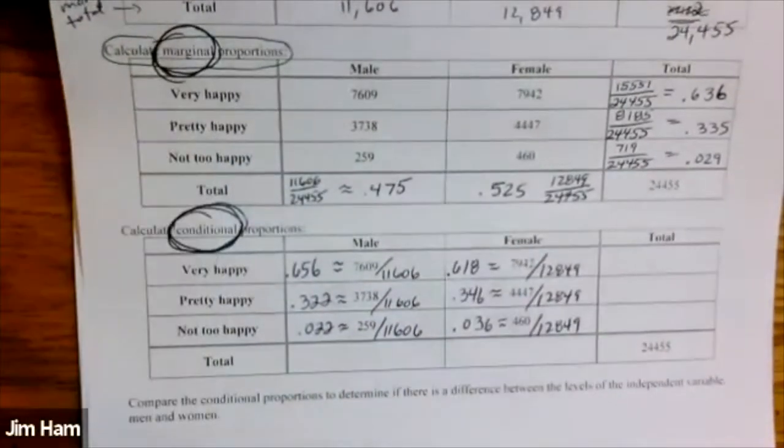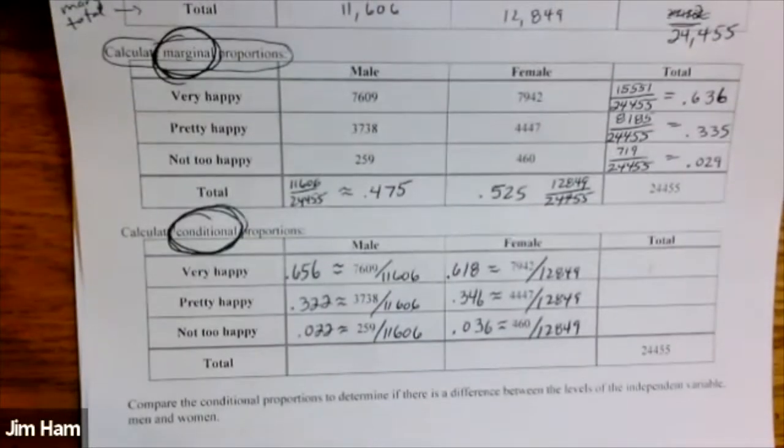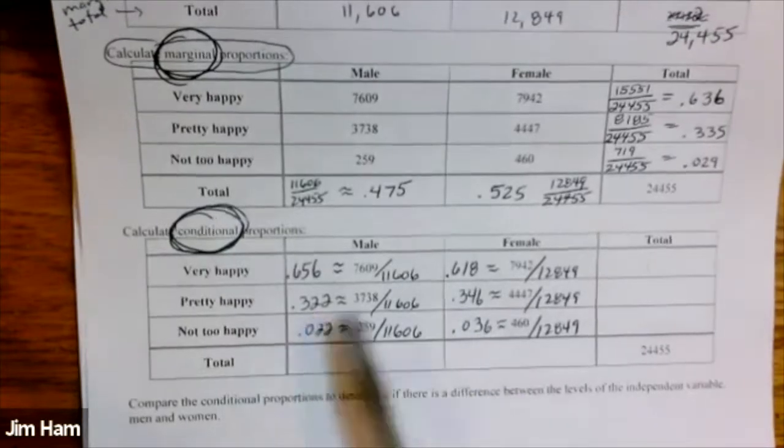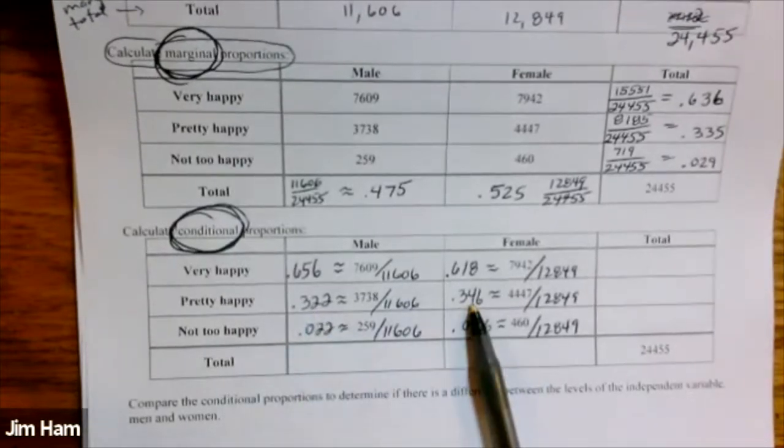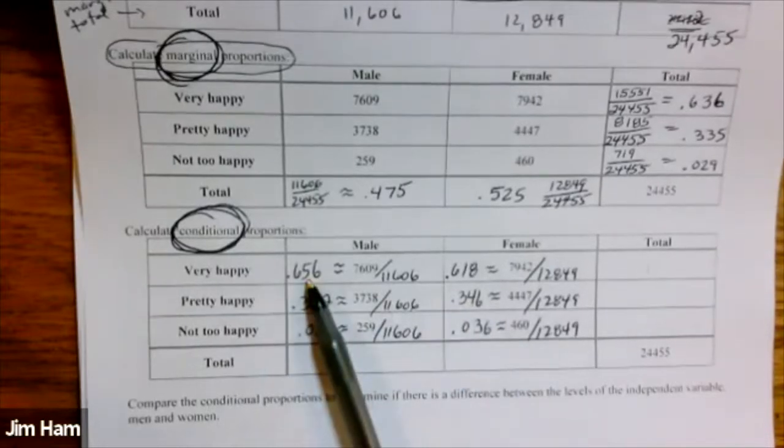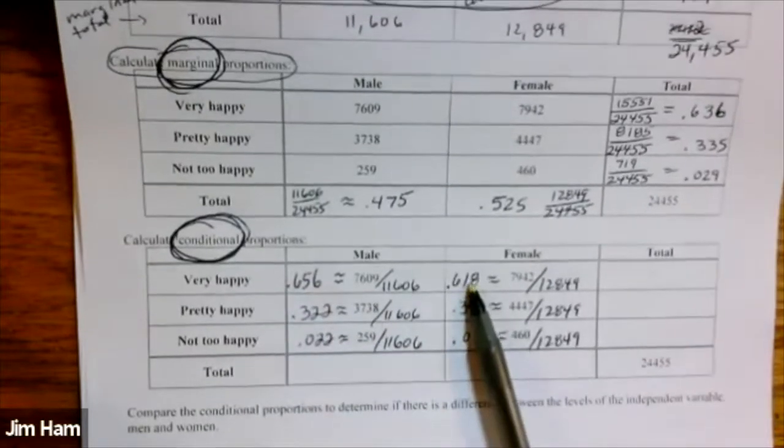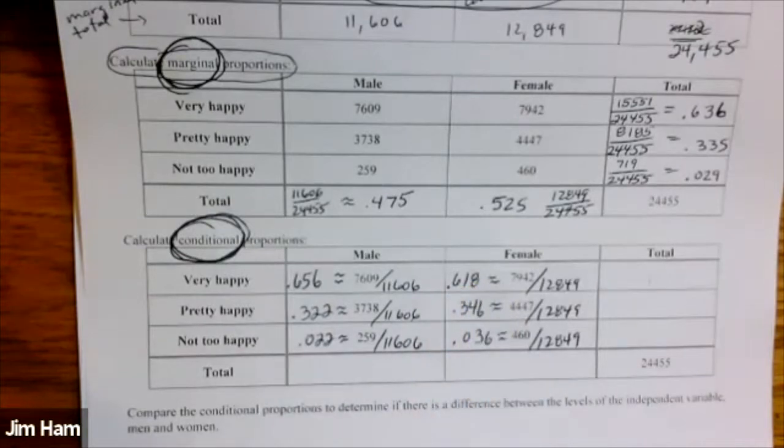All right, now this last one is, not only do you look at the individual percentage points difference, so 32% versus 35%, 3% difference, 66%, 62%, 4 percentage points different. That's one thing you look at, but you also look at the relationship to one another.